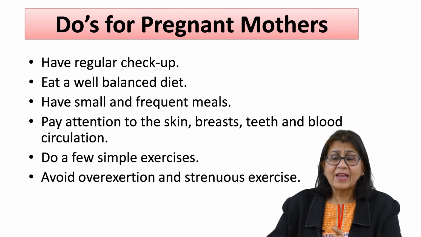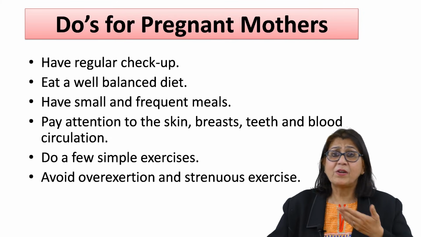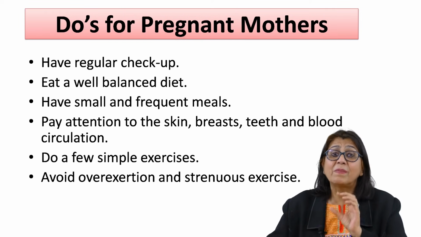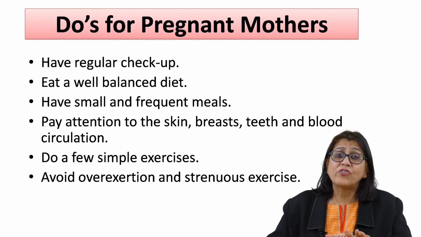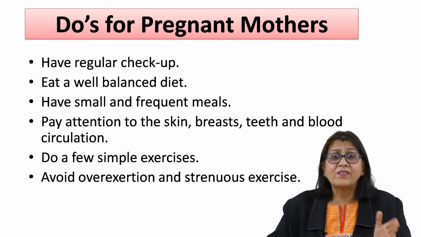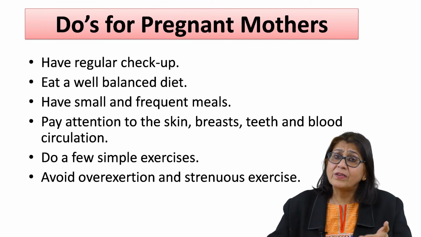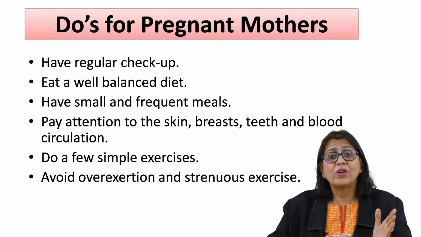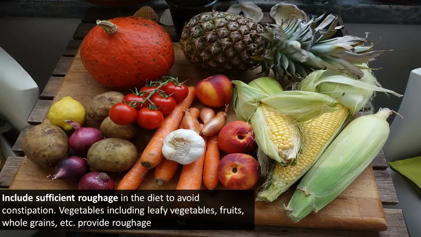You would notice as we go through the lecture, a mother may not be able to eat much at one time, so small and frequent meals must be given. Pay attention to the skin, breast, teeth, and blood circulation. The pregnant woman must do simple exercises and she should avoid exertion or strenuous exercises. Include sufficient fiber in the diet to provide roughage.